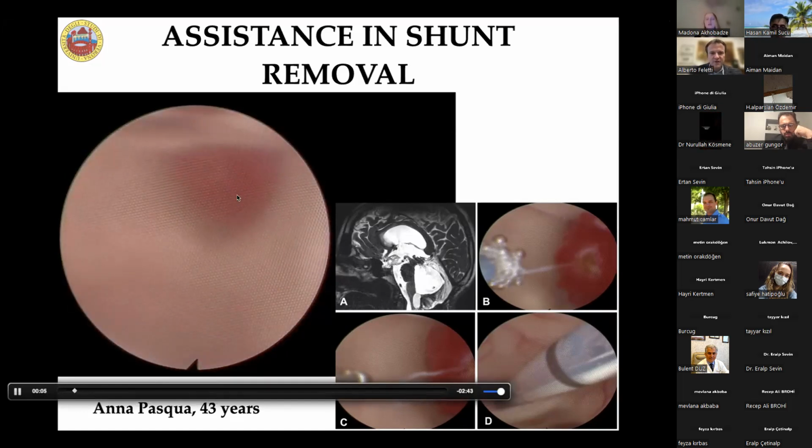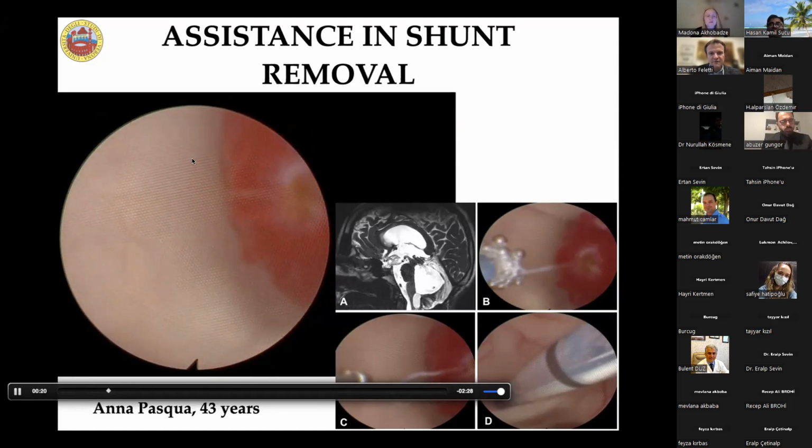I say fortunately because I could detect this hemangioblastoma just in front of the mammillary bodies, and see there is a small fibrotic connection between the hemangioblastoma and the tip of the catheter. In these cases, if you just try to pull out the ventricular catheter, you can induce a dramatic hemorrhage.